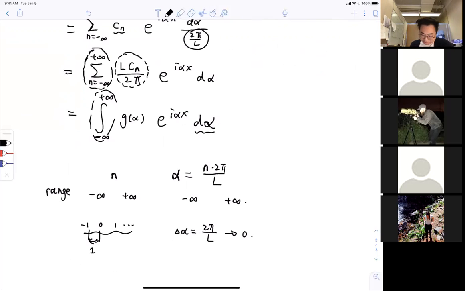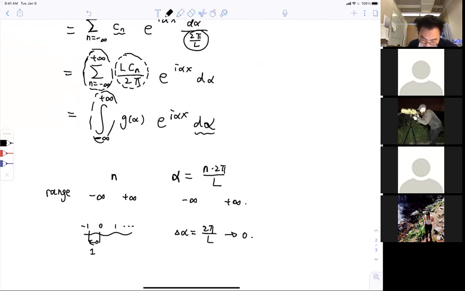Yeah, the answer is when you do a Fourier transformation for a periodic function, you would generally get some delta functions. You know, the delta function is kind of special. Anyway, let's do the non-periodic case first, and then we will go back to the periodic case to illustrate what I said here.